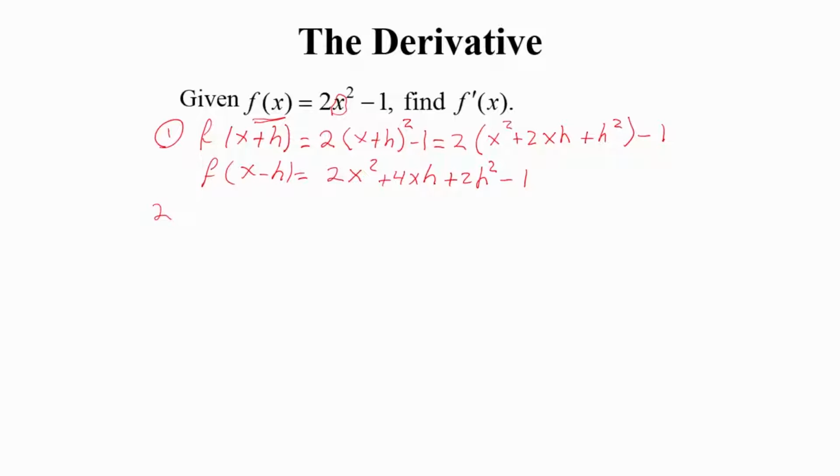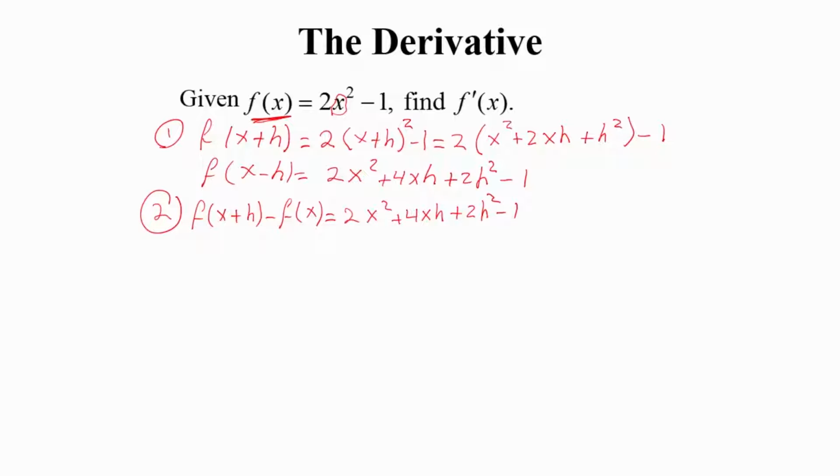Step 2, it says f of x plus h minus f of x. So f of x plus h is this, 2x squared plus 4xh plus 2h squared minus 1, minus f of x.